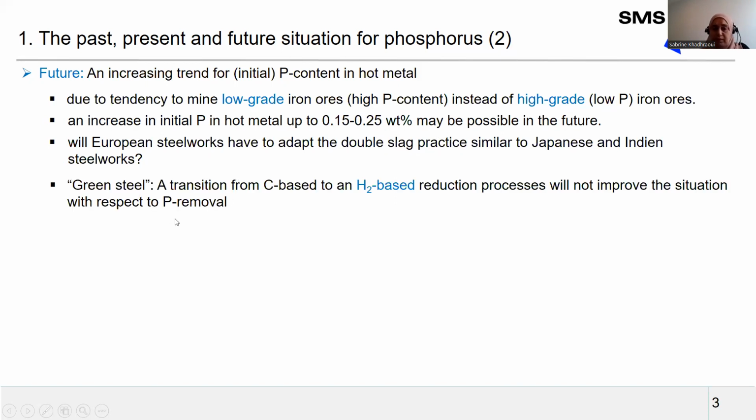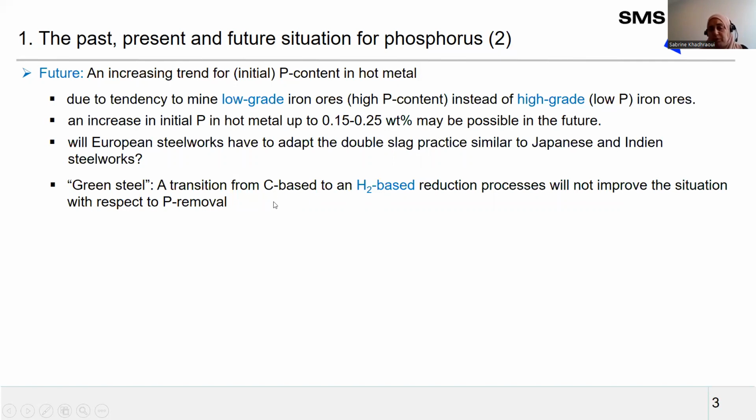The planned green steel transition for European steelworks from carbon-based reduction to a hydrogen-based reduction of iron ores will not improve the situation with respect to phosphorus.